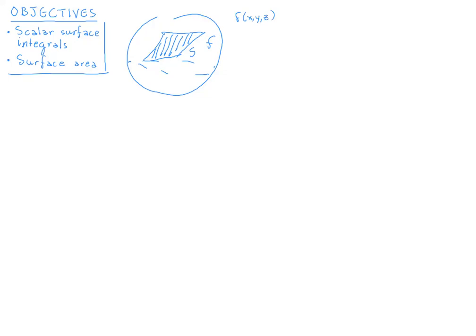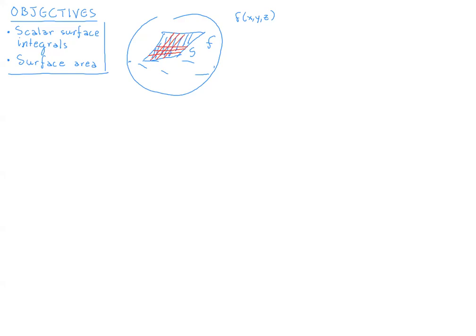What we would like to do, from the point of view of the method of exhaustion, is to subdivide the surface into very, very small pieces.